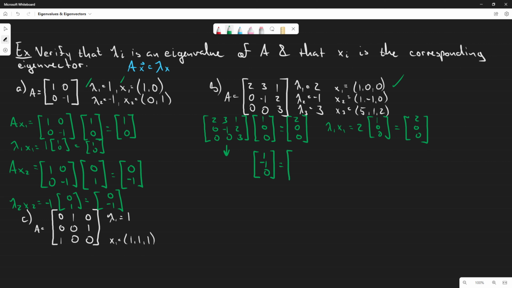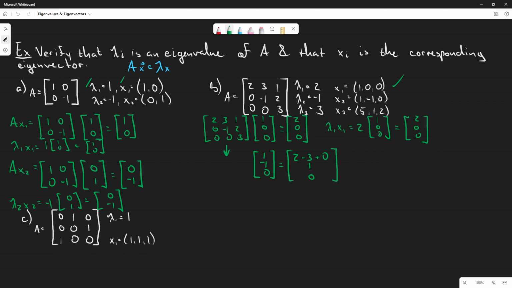That will be equal to 1 times 2 is 2, then -1 times 3 is -3, then 0. The other entry is 1 times 0, which is 0, plus -1 times 1, and then the last one is 0.